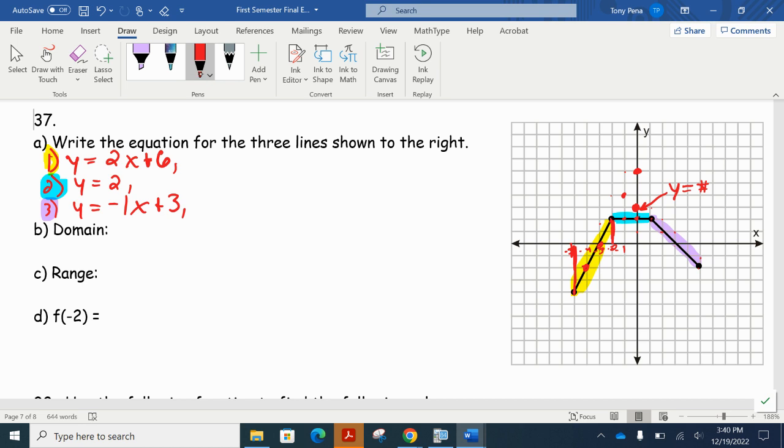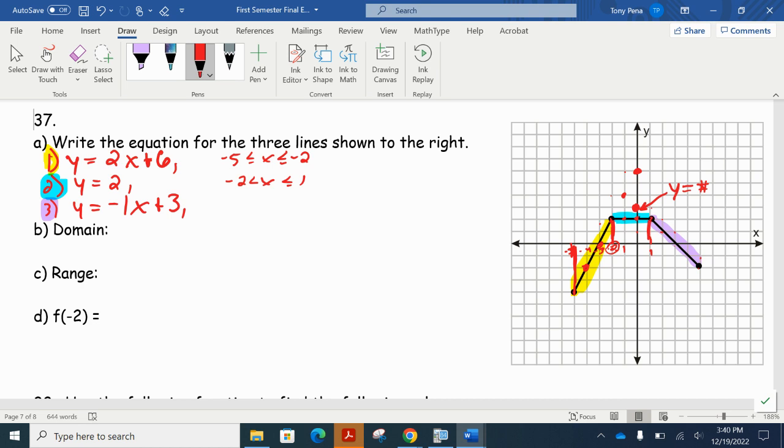So from negative 5 to negative 2 is the first line. Notice how the blue one starts at negative 2 and stops at positive 1. So this one would go from negative 2 to positive 1. We just put it in between those two in that inequality.